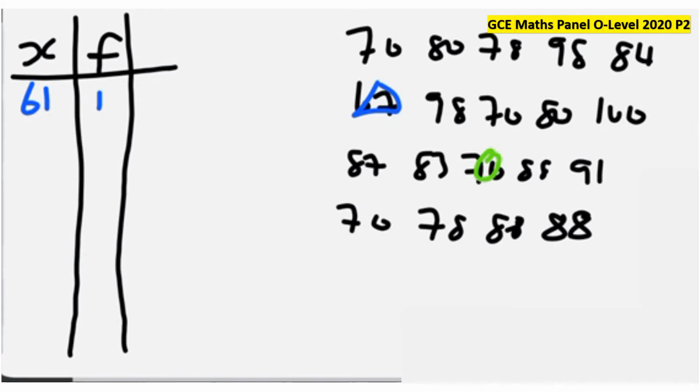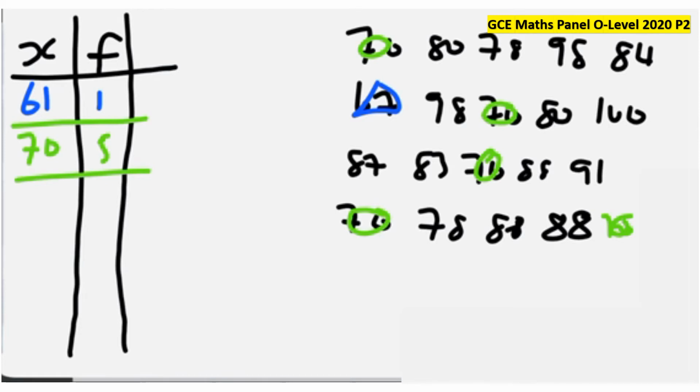Let us count. So 1, 2, 3, 4, 5. I think I omitted one when counting, so 70 occurs 5 times.